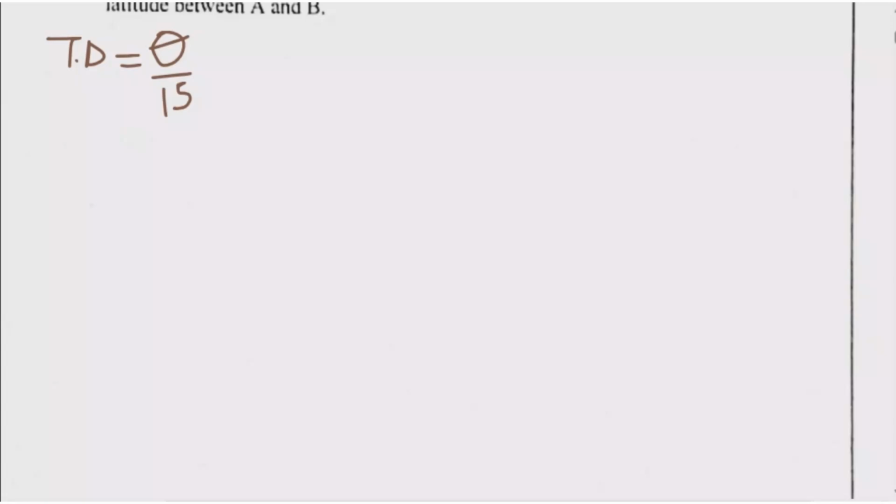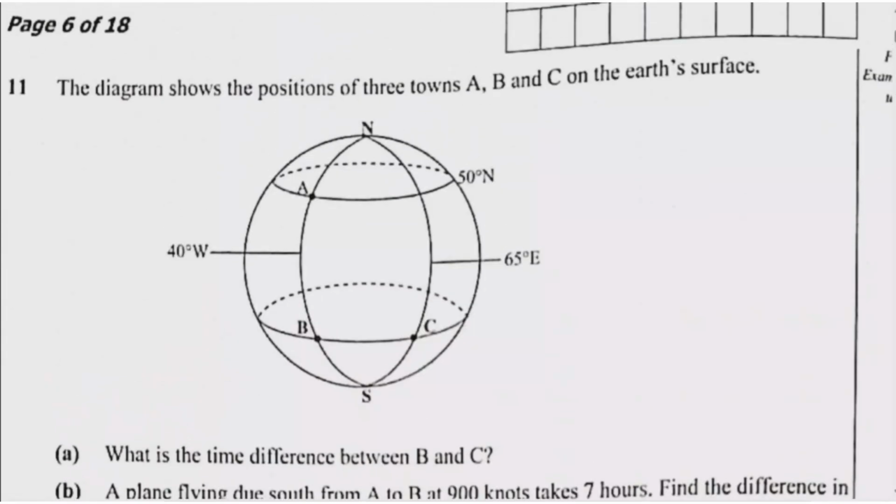Now let's go to the diagram and find the difference in longitude. Since we are looking at town B and C, town C is sitting on the longitude which is 65 degrees east, and town B is sitting on the longitude which is 40 degrees west.